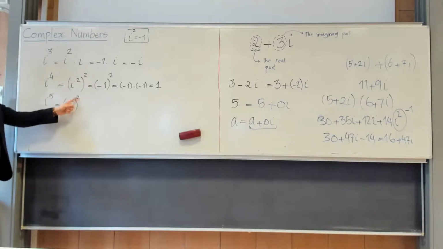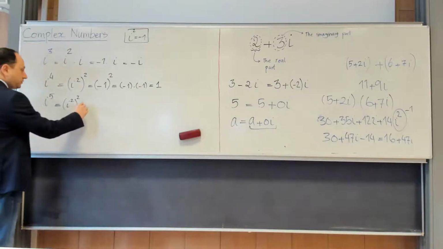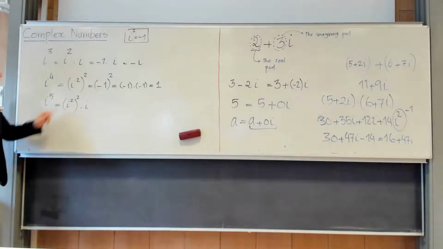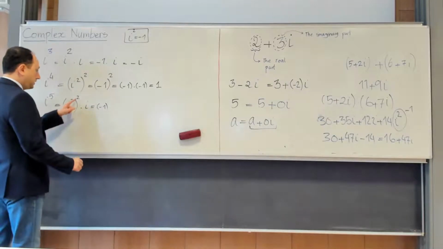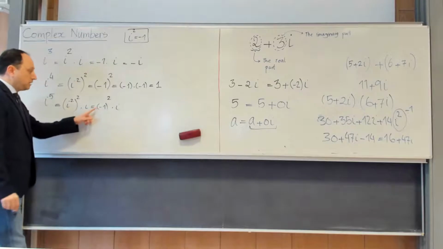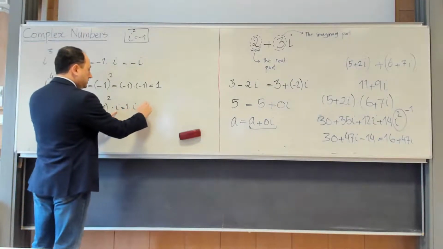So far, it becomes 4th power. Yes, but this is 5th power, so I have to multiply it by an extra i. So what is i squared now? It's -1. So what is -1 to the power of 2, then multiplied by an extra i? -1 to the power of 2 is 1, multiplied by i is positive i.